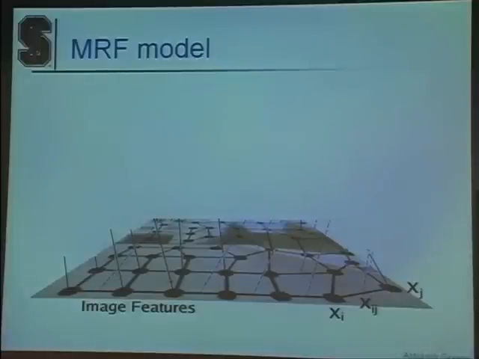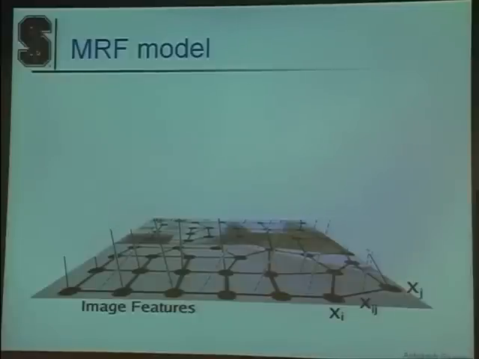So in our new algorithm, we again start similarly. We take an image like this one, and we divide the image into small segments. So this time our representation is not each point in the image, but rather superpixels in the image. And we will compute features for small patches in the image.